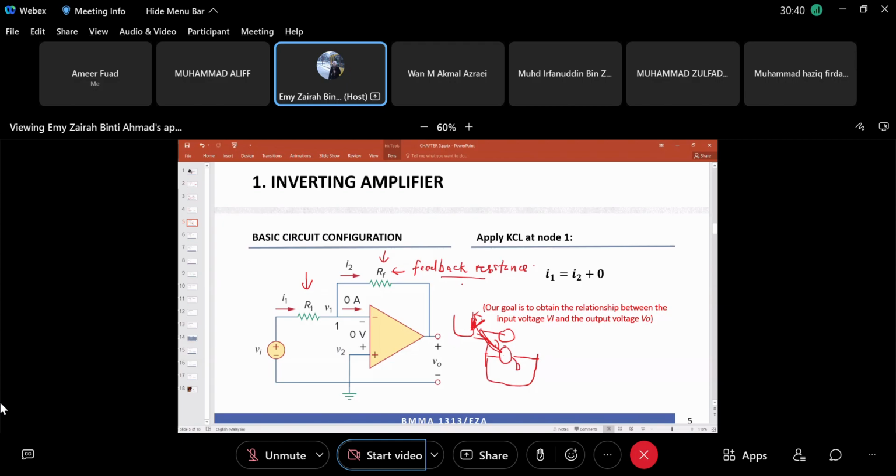That is the normal feedback configuration. If you see a circuit with a feedback loop, it is to control the circuit at your desired level, or desired temperature, something like that. So this is feedback resistance.